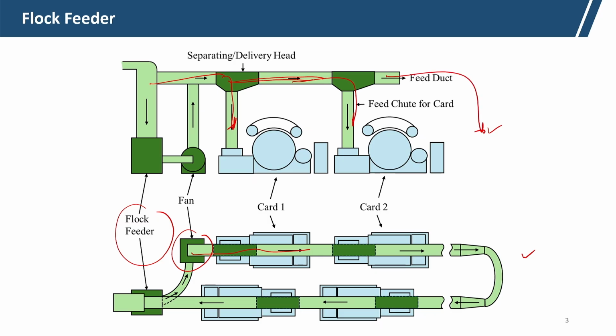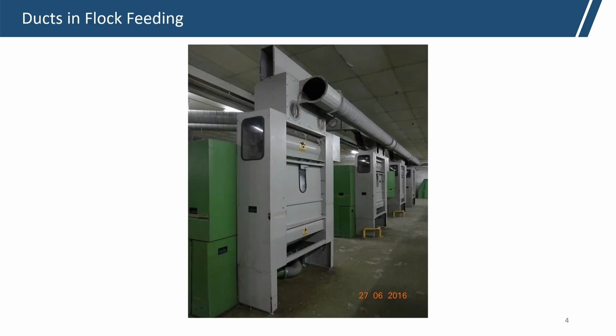It should not happen that, as it is coming from the left side, the first card is getting fed, but the second, third and fourth cards are not getting fed uniformly. That is important, and that is the flock feeder's function. So, here we will see their control system.